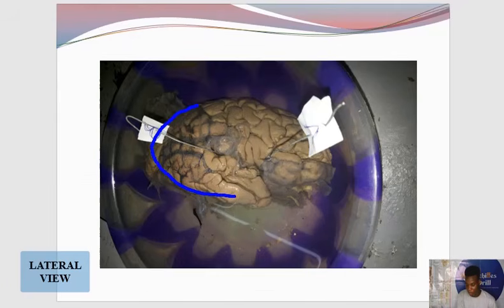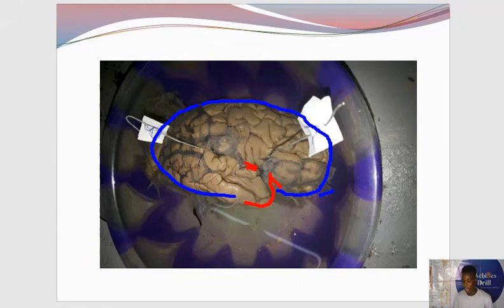We're looking at the brain from the side. You agree with me? This is the frontal part of the brain, and right here is the temporal lobe, of course. You can see a sulcus right here has been pinned, and right here a gyrus too has been pinned.